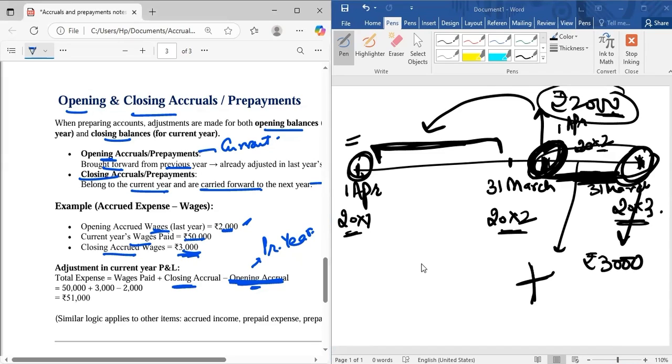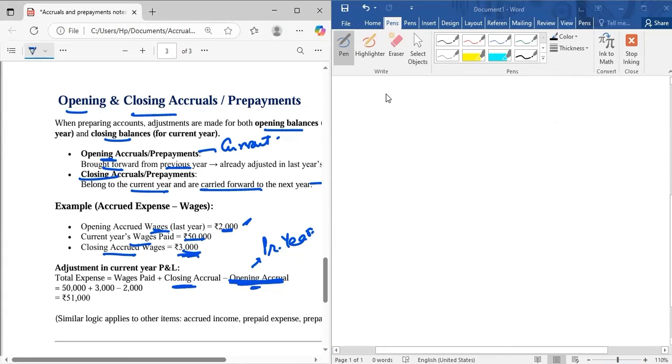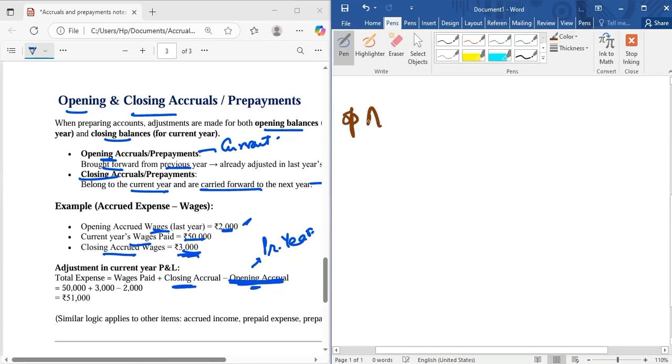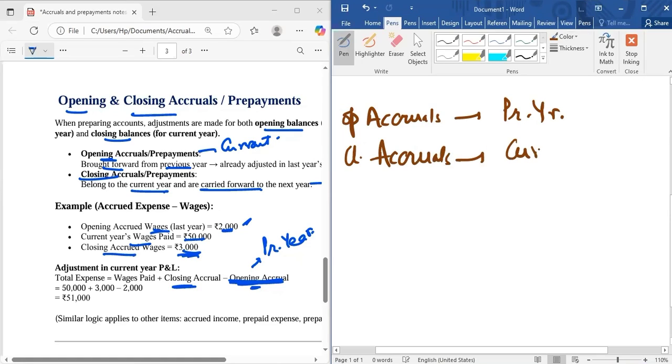I hope you have understood the logic. I will write here. The opening accruals relate to the previous year. We have brought them forward, but closing accruals relate to the current year.